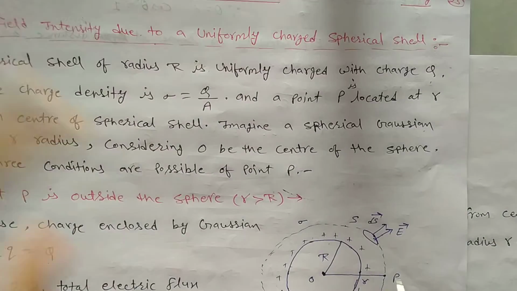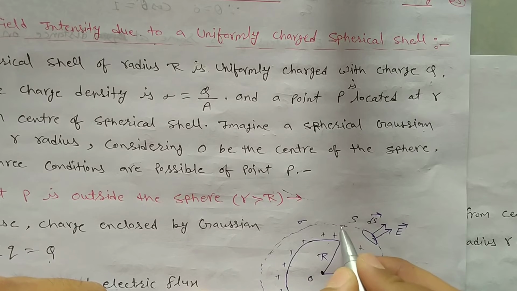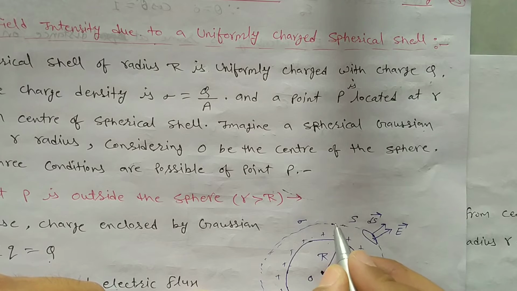Because at all these points, the distance from the center is small r, and if we take another point, its distance from the center is also the same.